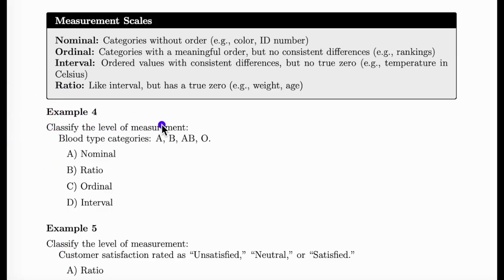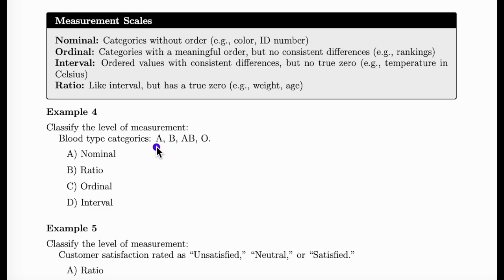All right, let's look at example 4. We're going to classify the level of measurement for blood types. These are categories. If you have type A, type B, type AB, or type O blood, these are considered categories. So right away, I know that my level of measurement is going to be either nominal or ordinal. Now, the question on how we narrow it down between the two is, can I order these in a way that makes sense?